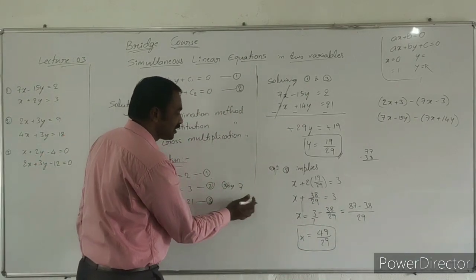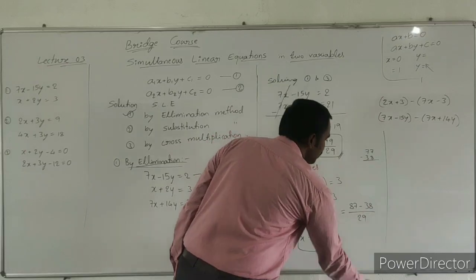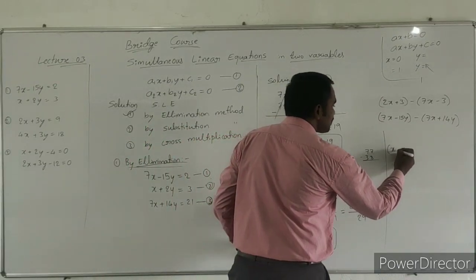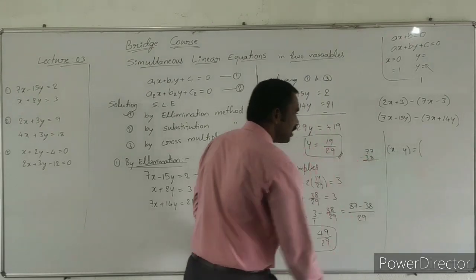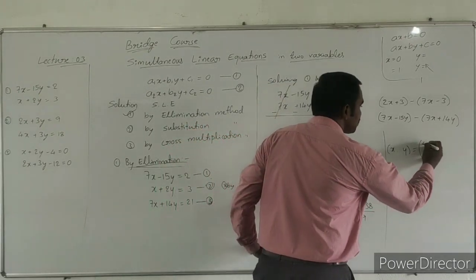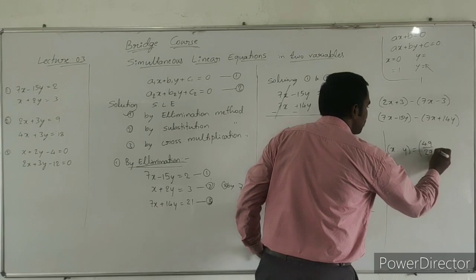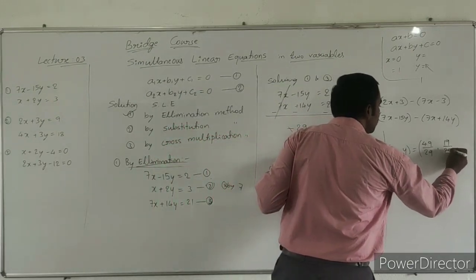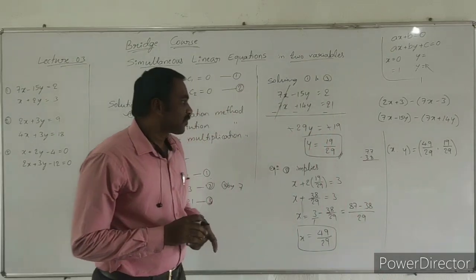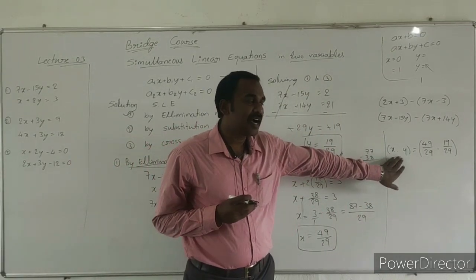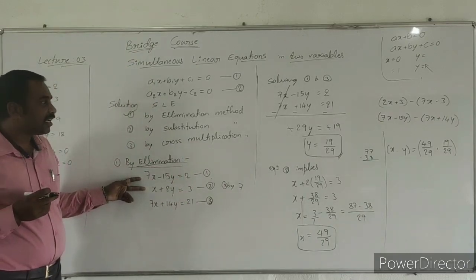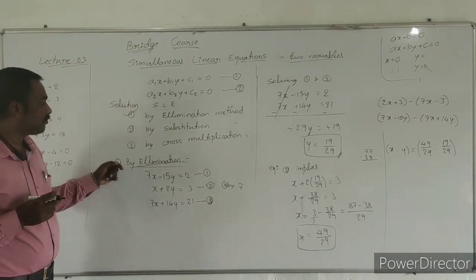Here we just got the x and y values. The corresponding x value is 49 divided by 29 and the y value is 19 divided by 29. So this is the required solution of these two linear equations in two variables by the method of elimination.